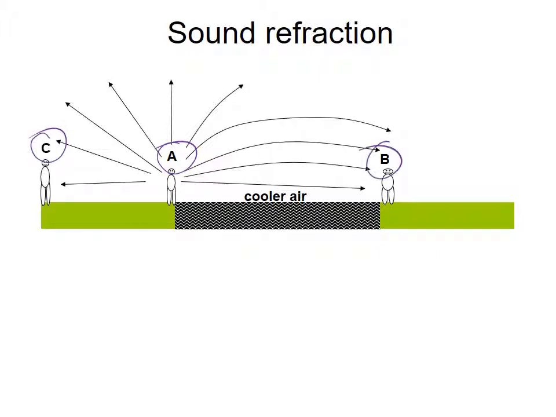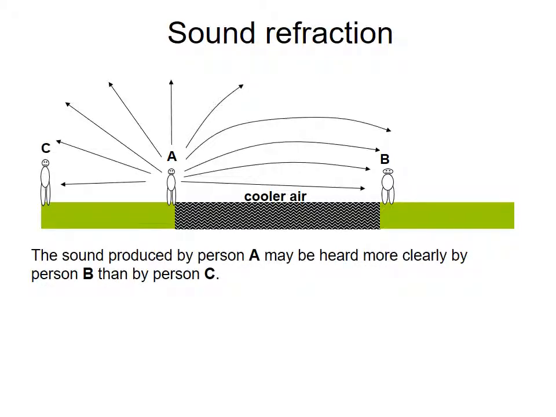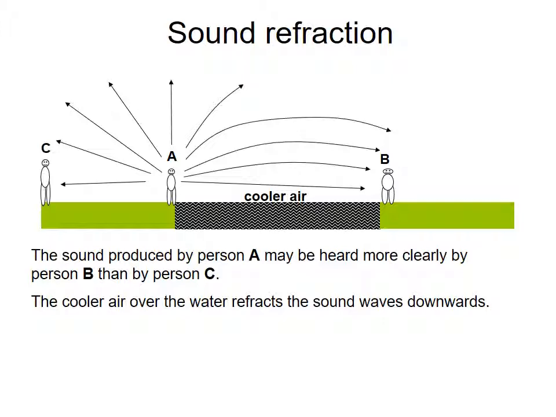The other student is on the other side of the lake, student B. Because the air over the lake is a lot cooler, it's a lot denser, the sound produced by person A will be heard more clearly by person B than by person C. And the reason why, of course, is the cooler air over the water refracts the sound downwards, towards the normal, as it were, because the cooler air is actually denser than the hotter air near the lake.